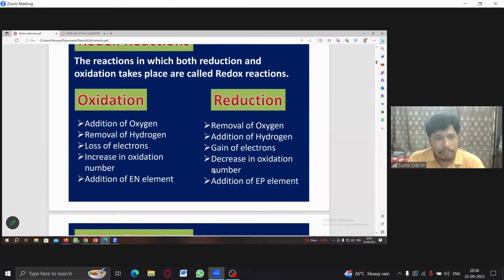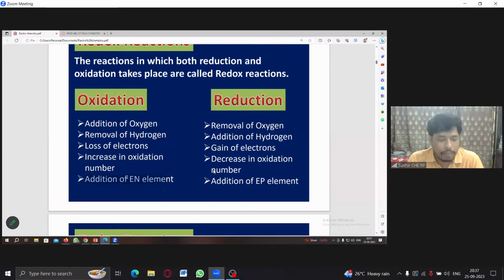Now I'm going to focus on these three other definitions given under the oxidation process. Loss of electrons is called oxidation, increase in the oxidation number is also called oxidation, or the addition of an electronegative element is also called oxidation.